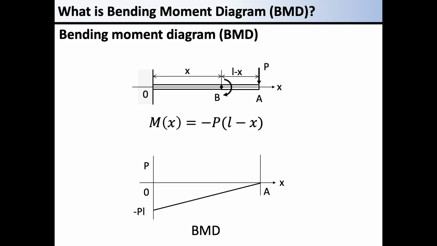This is a linear function of x. This linear function gives 0 when x is L and minus PL when x is 0, as the diagram shown here. This diagram is called the bending moment diagram, BMD. We use the abbreviation BMD in the following instruction.